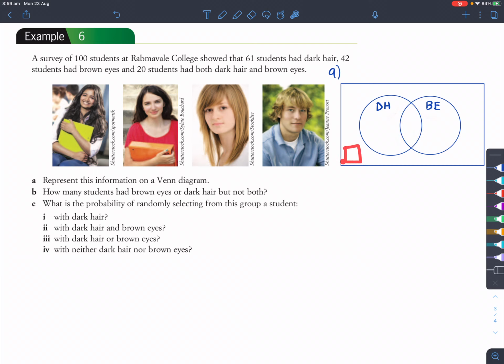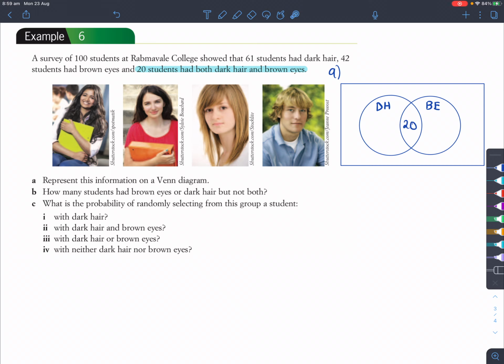Or put a number outside, which sometimes they might have, and that refers to, in this case, not having dark hair and not having brown eyes, okay? So in the center here, which belongs to students who have both dark hair and brown eyes, this would involve 20 of these students. So we're going to write 20 there.